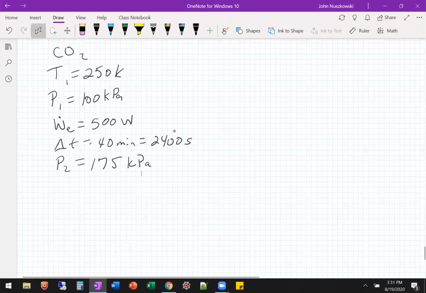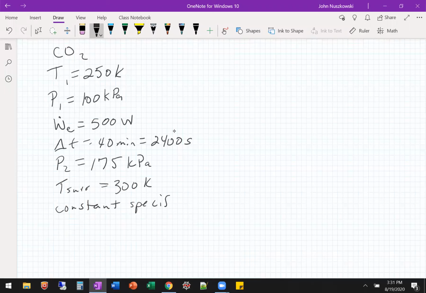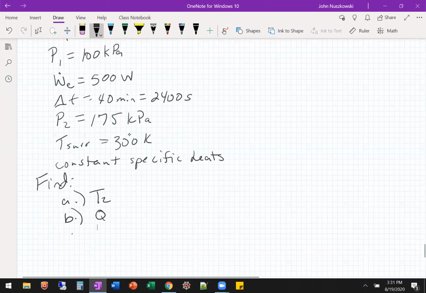The temperature of the surroundings is 300 Kelvin, and we have constant specific heats. They want us to find A, T2, B, the heat transfer, and C, S-gen.